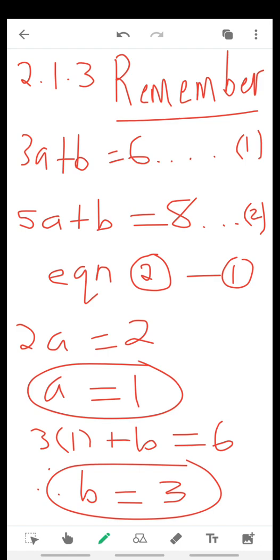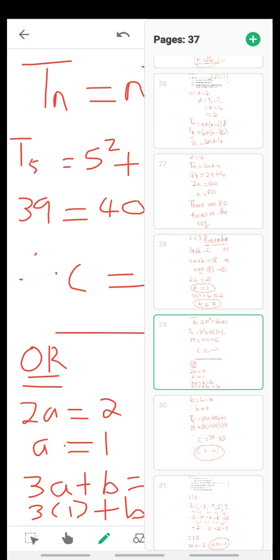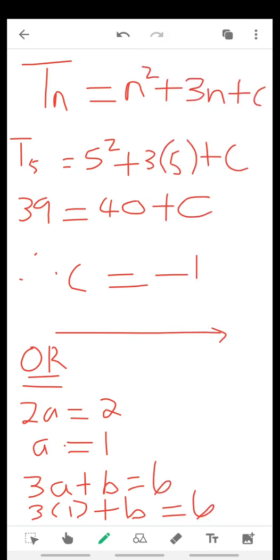But how do we then get c? We know that our c can be determined by saying a plus b plus c equals something, but in this case it might be a bit of a challenge because we don't know what the first term of the original sequence was.